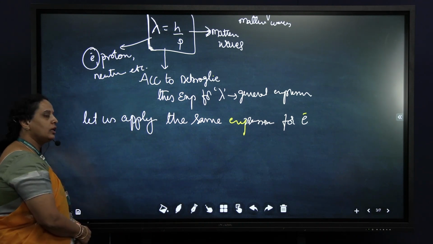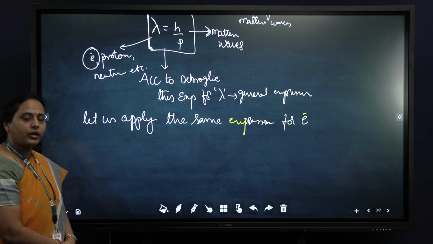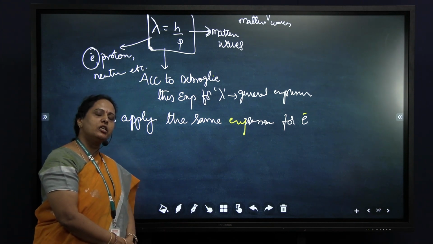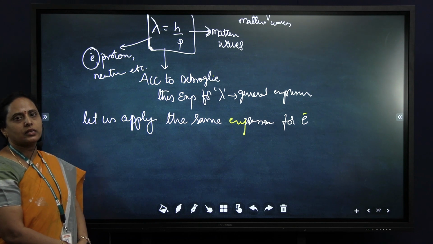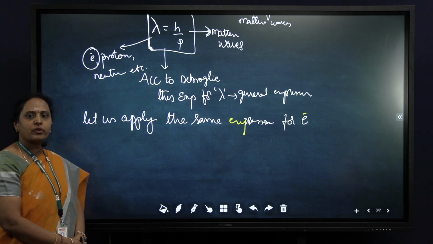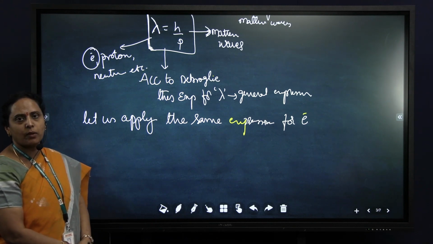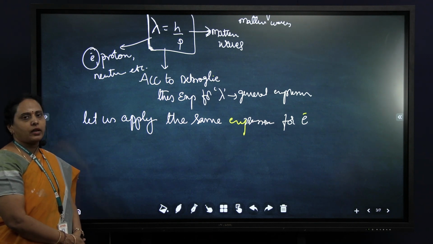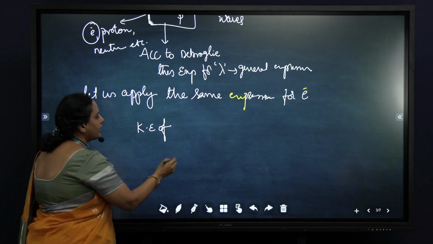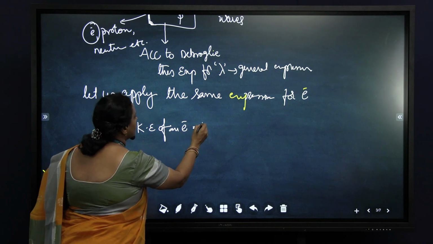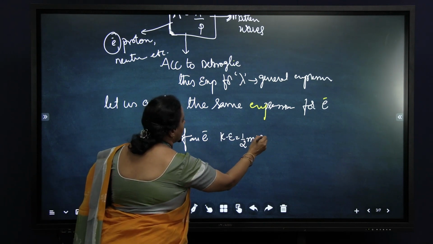As we know, in classical mechanics, the kinetic energy and potential energy of an electron are already discussed and expressions were given there. The same expressions I am borrowing from classical mechanics. That is, the kinetic energy of an electron is given by half mv square.